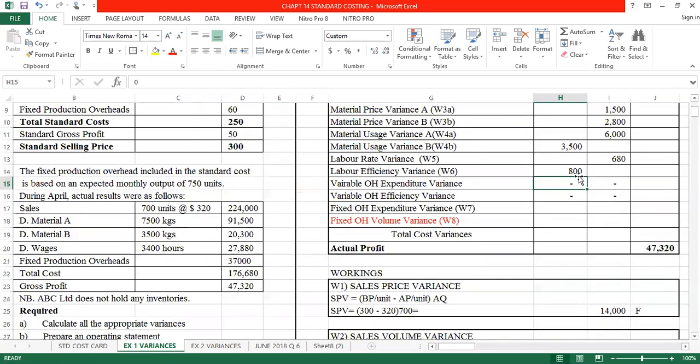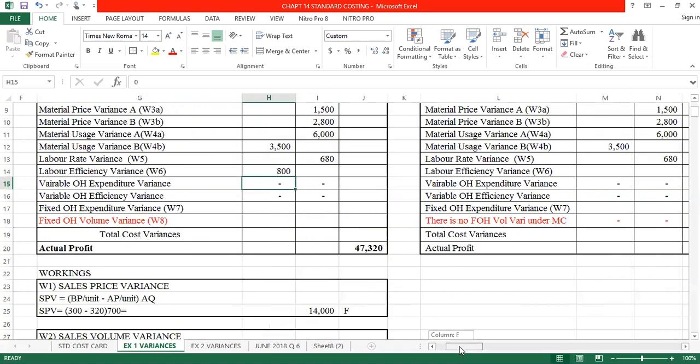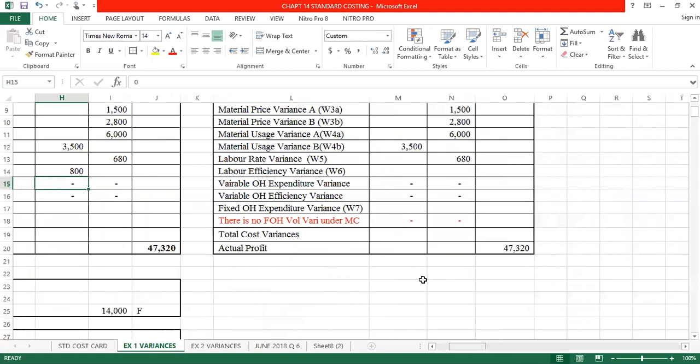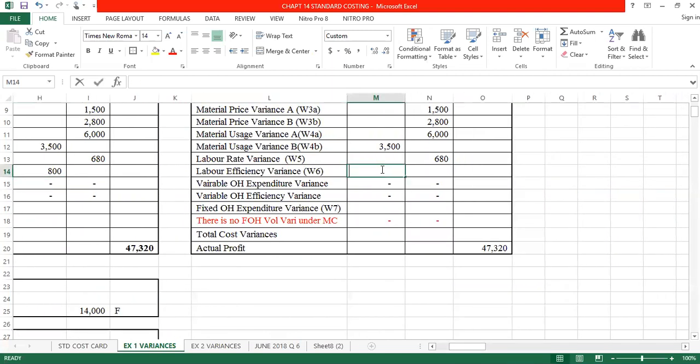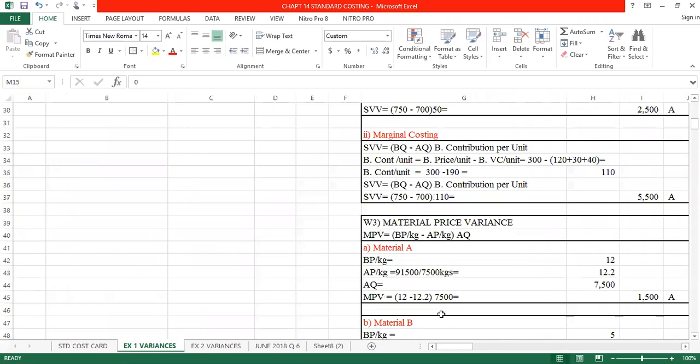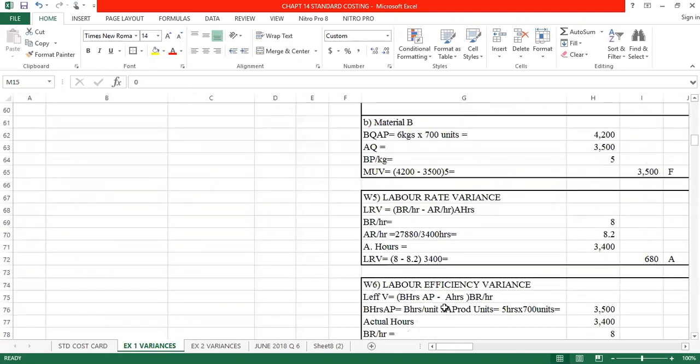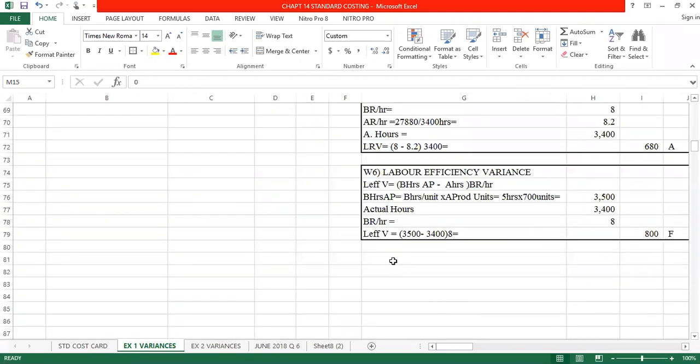So next, this question did not have any variable. We are now understanding it. Okay, let's post F also on this side so that when we finish, we finish all of them together. If there is any variable overhead variance, you do it in the same way as labor.